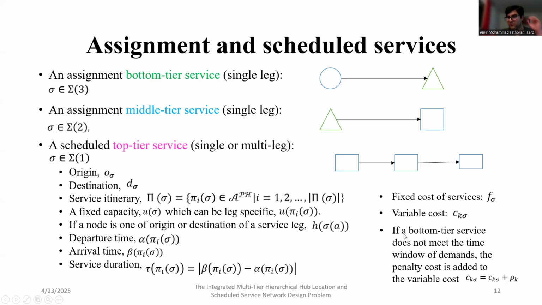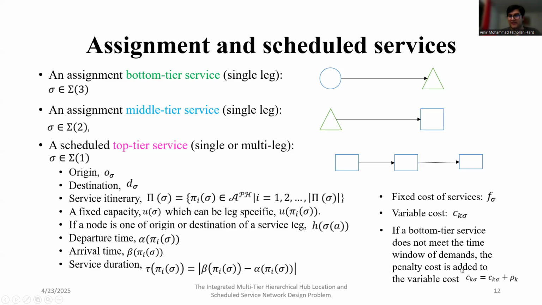And we also have to consider the time window, as we know the time characteristics of the demands. We have defined a penalty cost for when we are not able to meet the desired time window of demands, which has been added to the variable cost or the unit cost of the services.